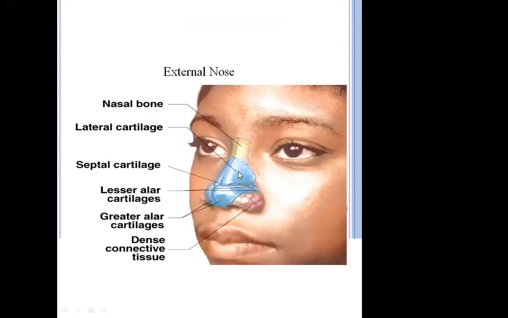Below that we have the lateral cartilage, lesser and greater alar cartilages. These cartilages form the lower cartilaginous part. Above it is formed by the bony part.